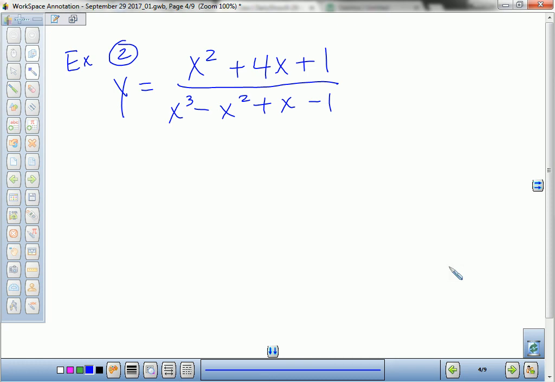Alright, so Carson, what do we do first? Factor both of them to make it easy. Well, if the numerator factored, that'd be helpful, but it doesn't. But the denominator does factor. So we can use four-term factoring by grouping. What do the first two terms have in common? X. What does that leave me? X squared minus 1.